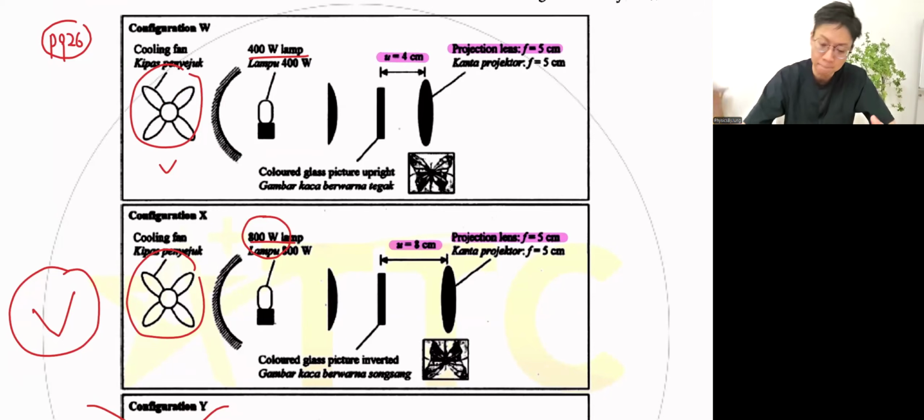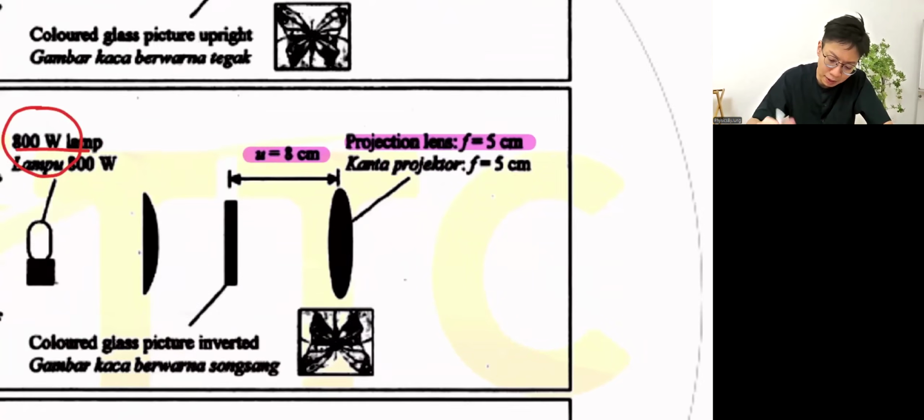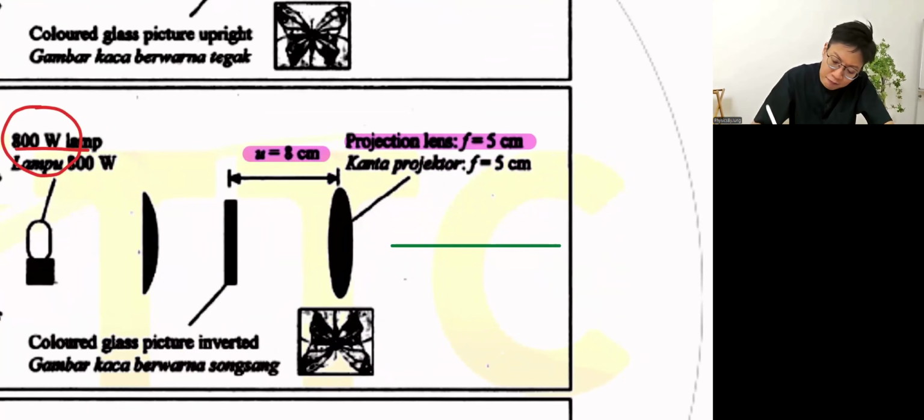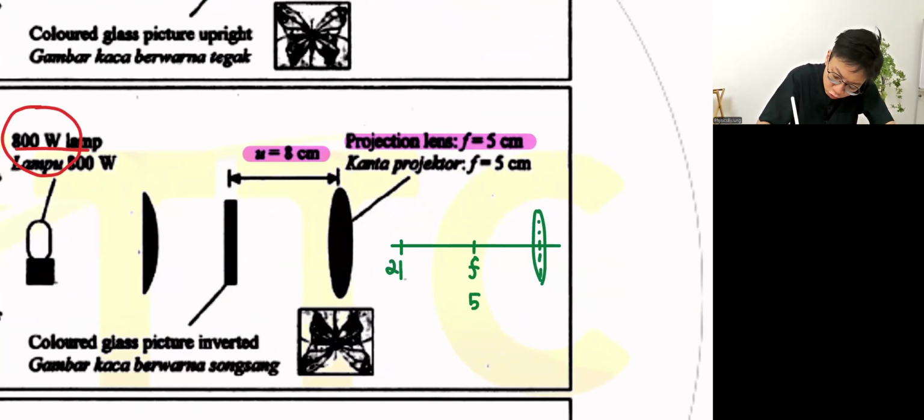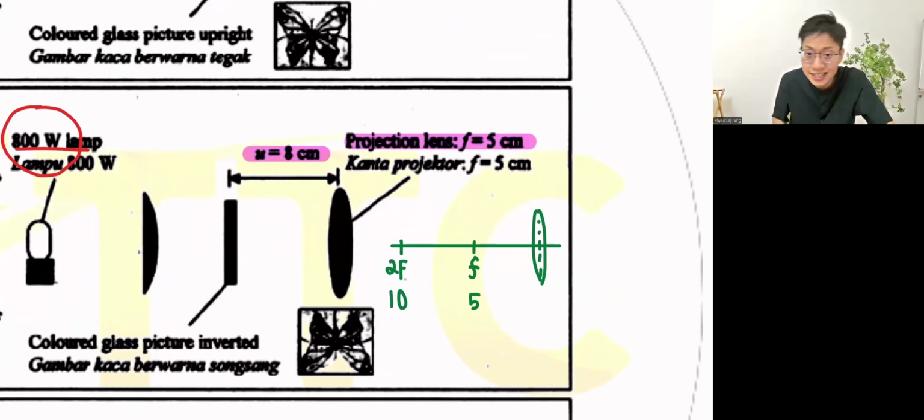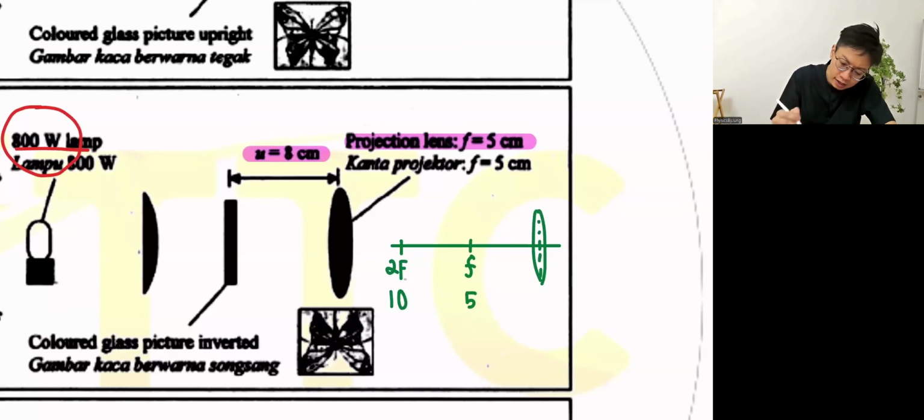So the projection lens has a focal length of 5 cm, and twice the focal length is 10 cm, because we have a 5 and a 10 here. Can you tell me now where is my object? Why must my object be placed at 8 cm, guys? Why?